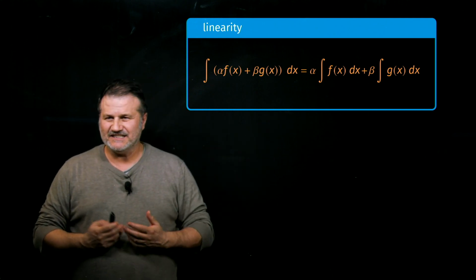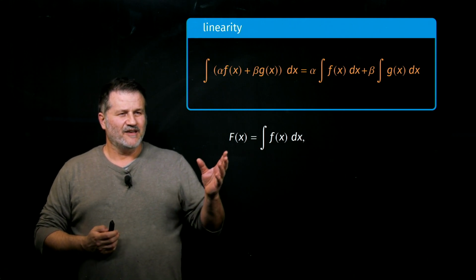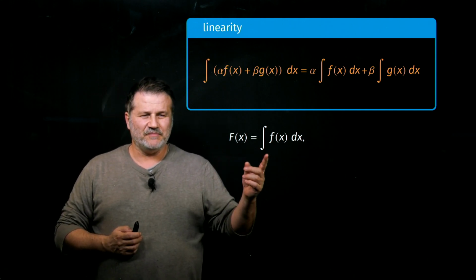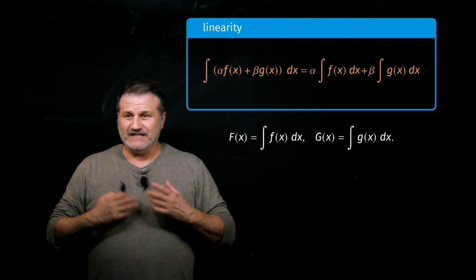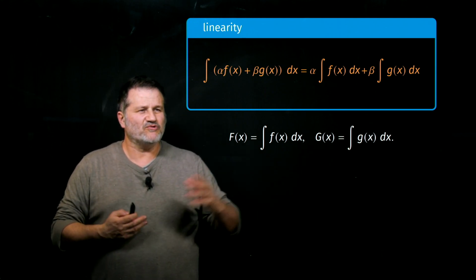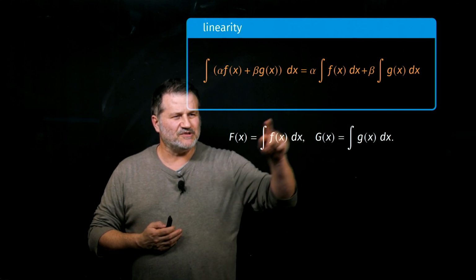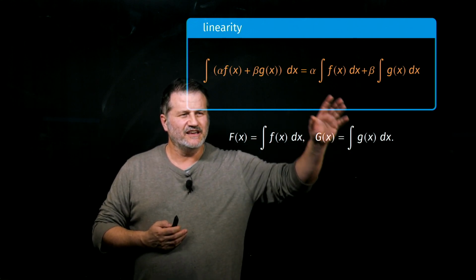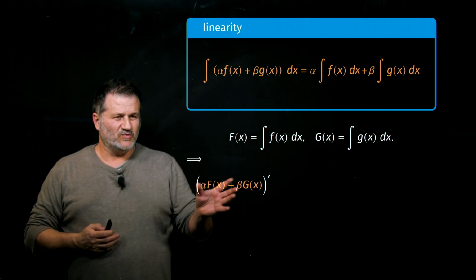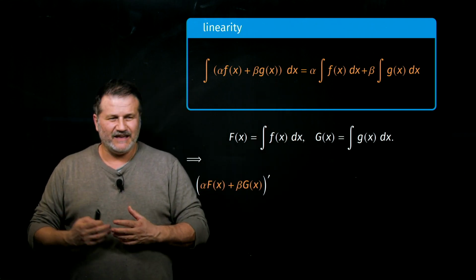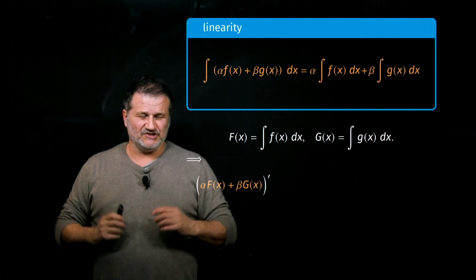Now, we can easily see where this formula comes from, because if we call capital F a primitive for little f, call capital G a primitive for little g, and we want to show that alpha capital F plus beta capital G is a primitive for alpha f plus beta g. So we take this alpha capital F plus beta capital G and we differentiate.